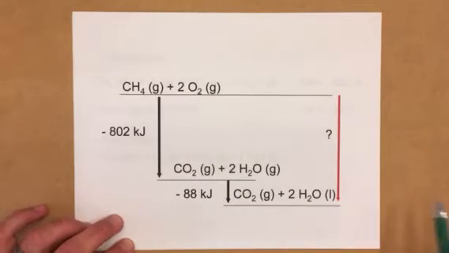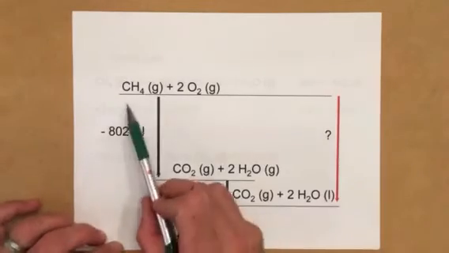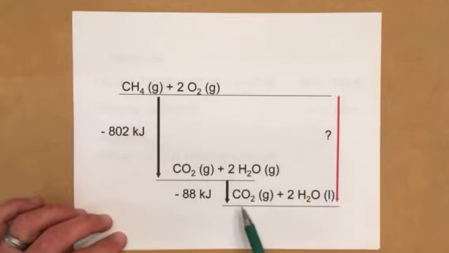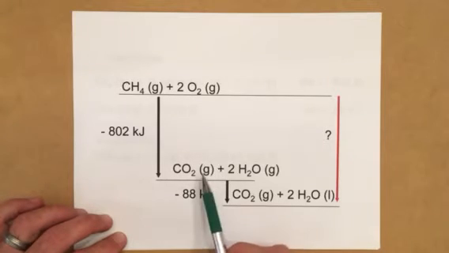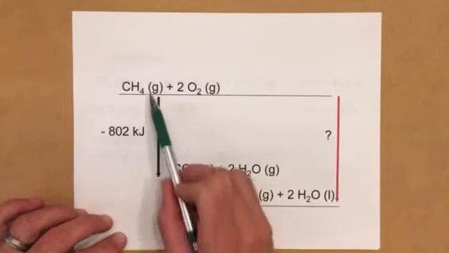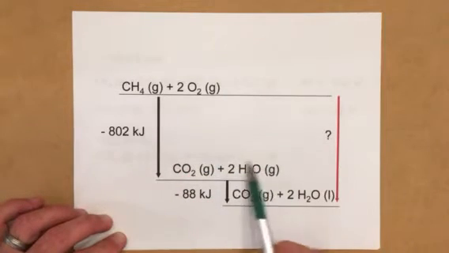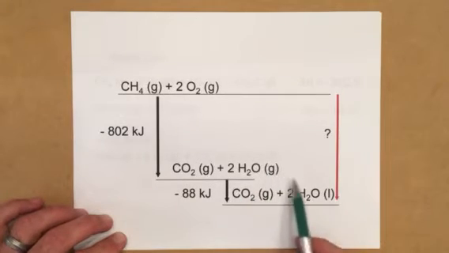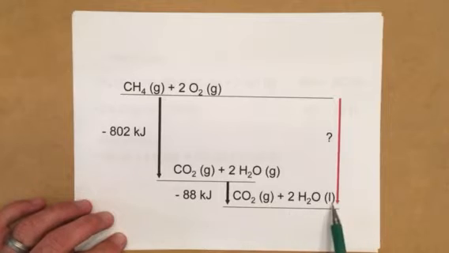So here's an example. This is a reaction between methane and oxygen reacting together to make carbon dioxide and water. This is first showing how much energy is released when methane burns and produces water as a vapor. And then this is showing how much energy is exchanged when the water vapor turns to liquid and condenses.